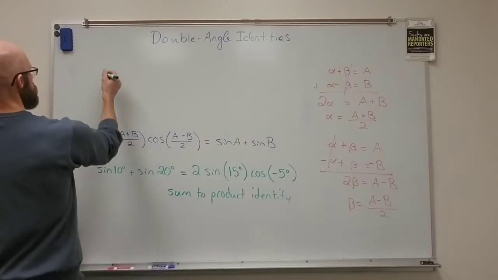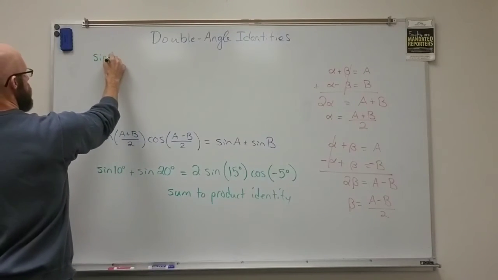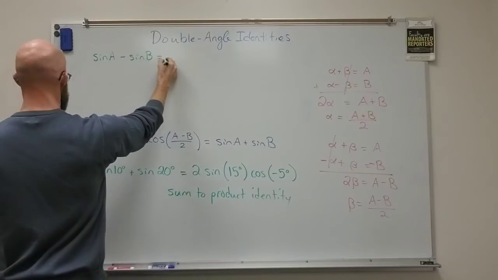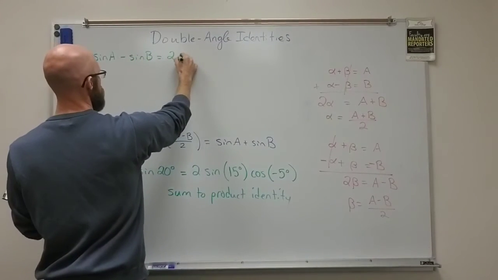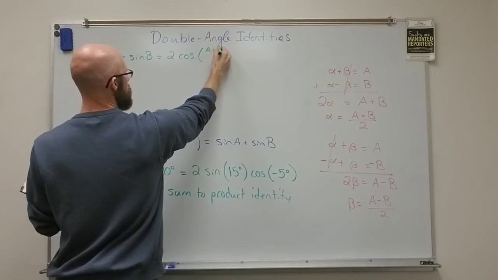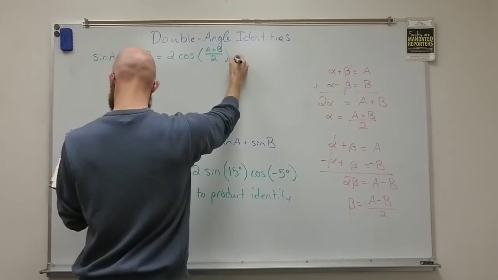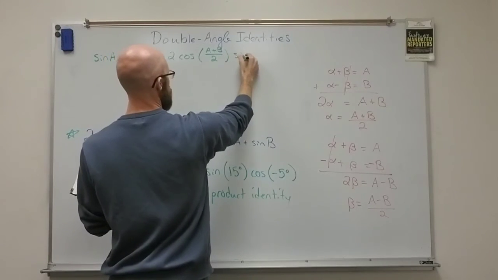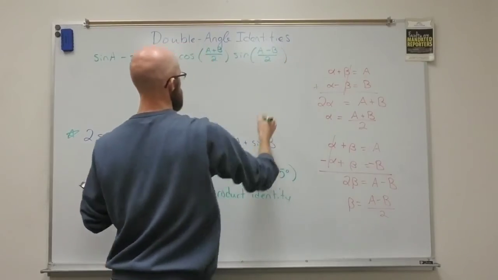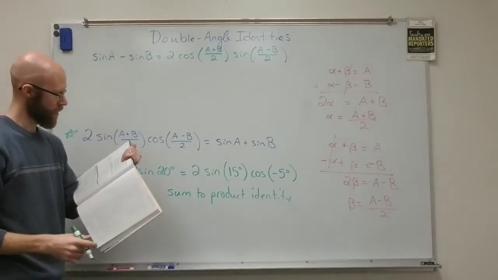Another one is the sine of A minus the sine of B is equal to 2 times the cosine of A plus B over 2 times the sine of A minus B over 2. You're going to see a lot of similarities in these formulas.